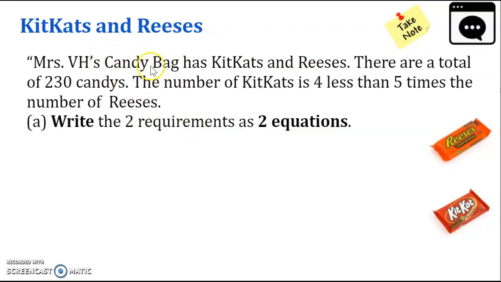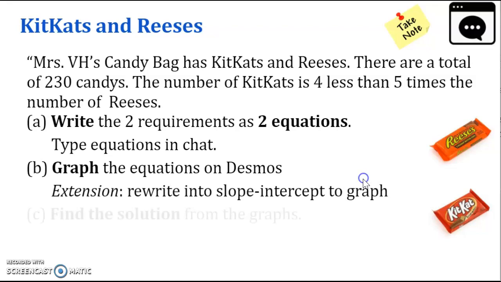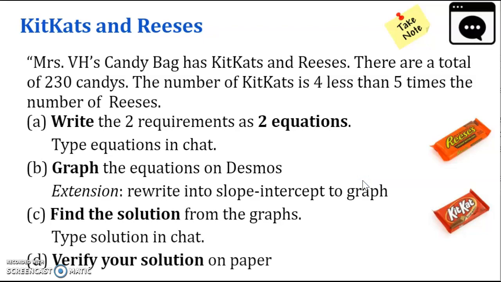So there are a total of 230 candies. So what are we going to represent the two candies as? Maybe the number of Reese's as x, and the number of Kit Kats as y. Okay? And you can type your equation in chat and then graph the equations in Desmos and then find the solution from the graphs and verify your solution on paper.